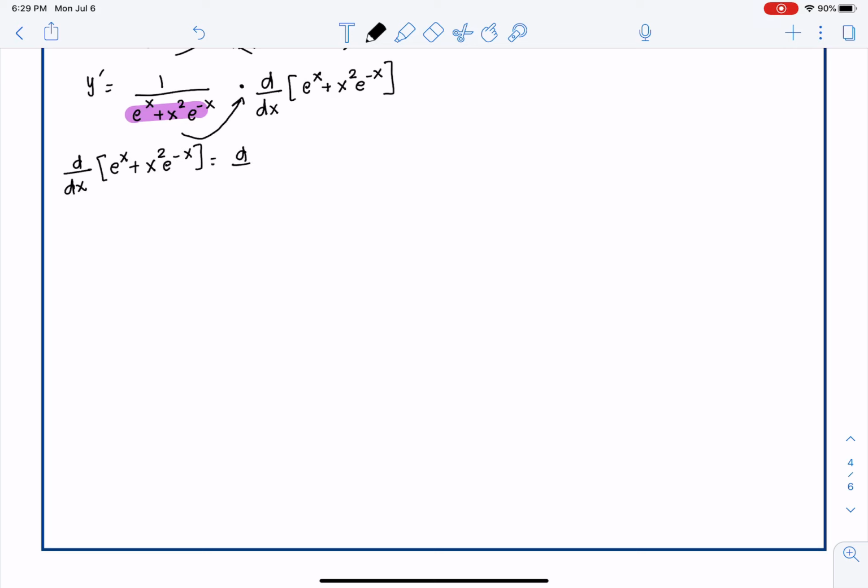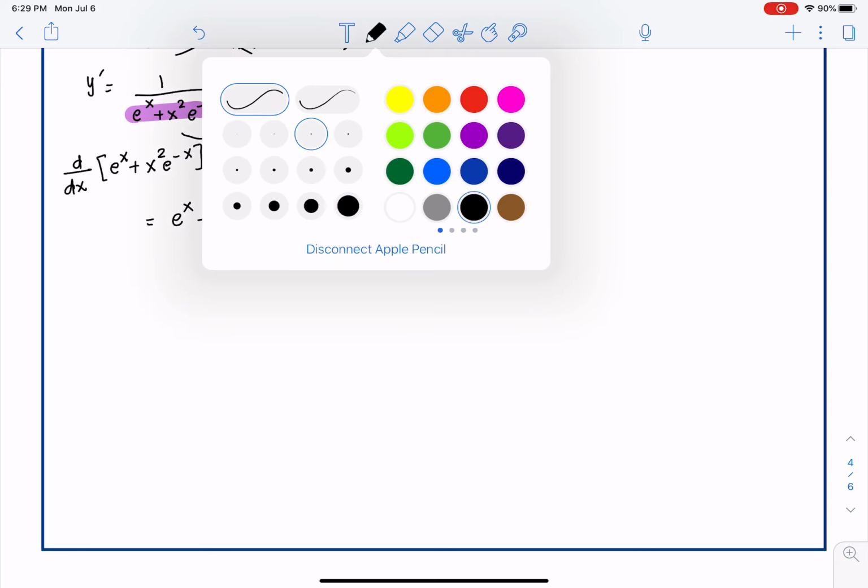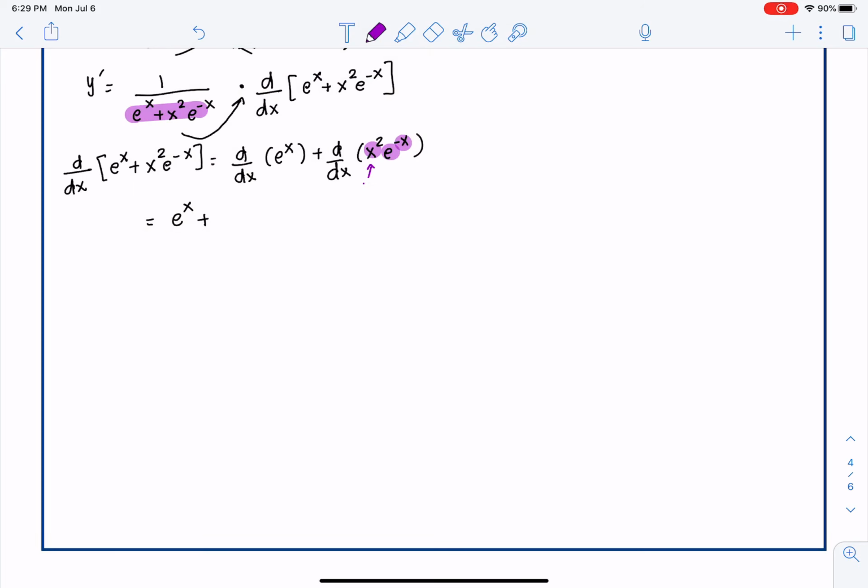Distribute the derivative. The derivative of e raised x is e raised x. The second part, we have x squared multiplied by e raised negative x, so we have to use product rule. Call that u, v. So that derivative would be u v prime plus v u prime.